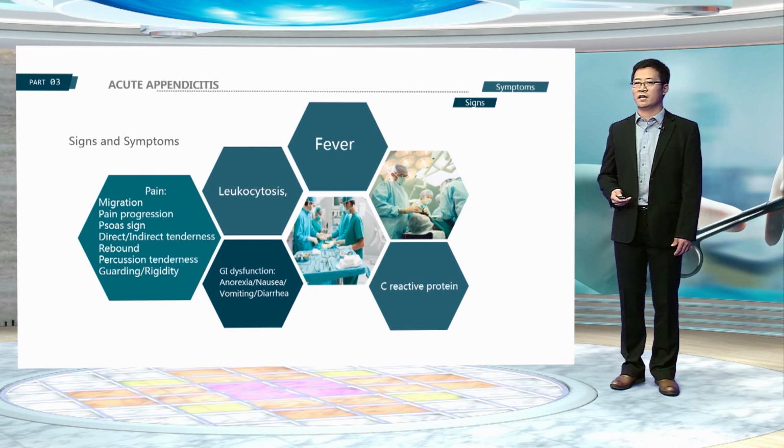Then fever. Some patients also have GI dysfunction like anorexia, nausea, vomiting, or diarrhea. In a lab examination, the white blood cell count may increase because of leukocytosis, and the C-reactive protein level increases.